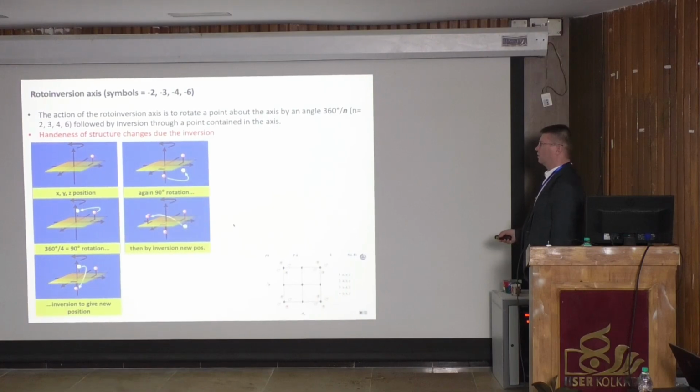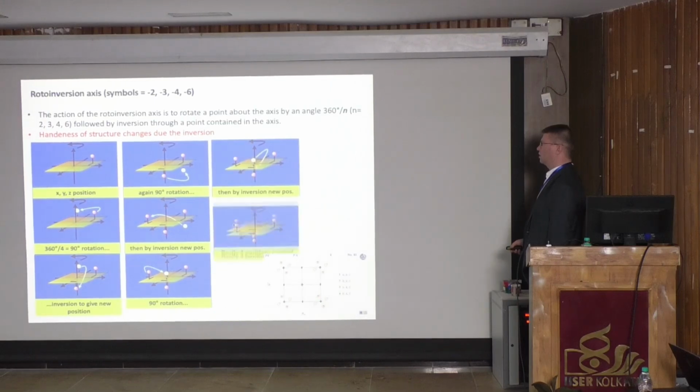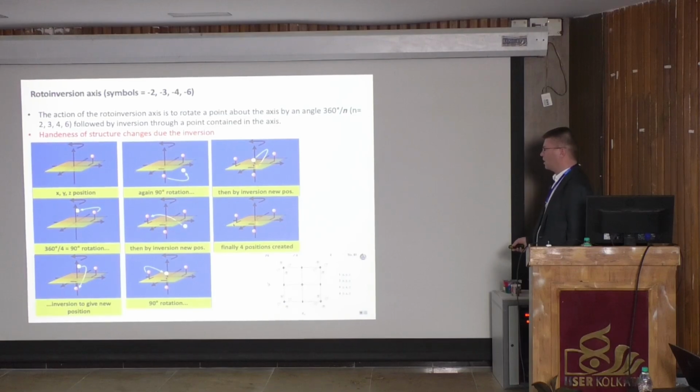Now inversion through the center here. Now 1 becomes 4. Now we can repeat it like this. And finally, what we have created is 4 positions when we do this. And now we describe it as P minus 4, the name for this symmetry operation.